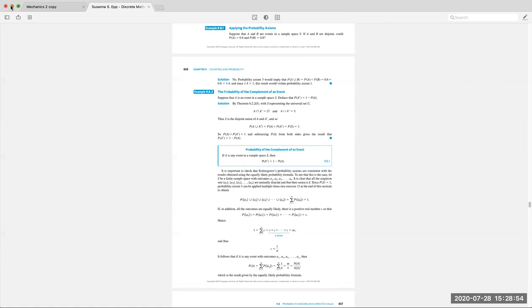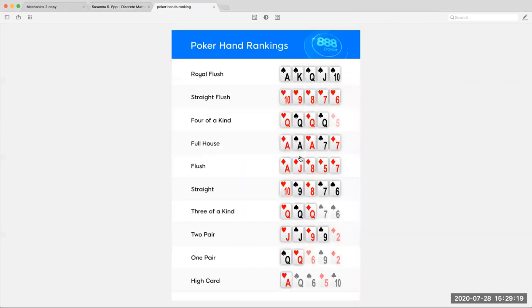Poker hand ranking. Okay, and then let's have a look at this one. Now, I'm not teaching you gambling, okay? But we are using this one to learn mathematics. Okay, this one.